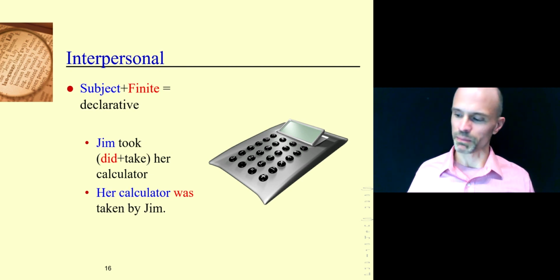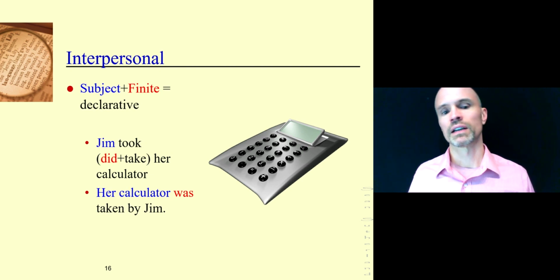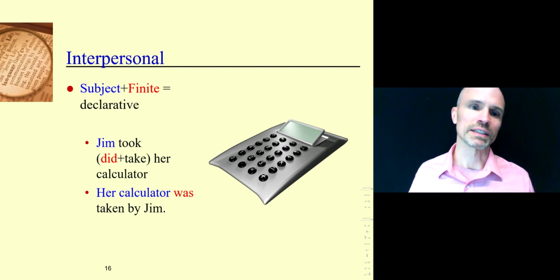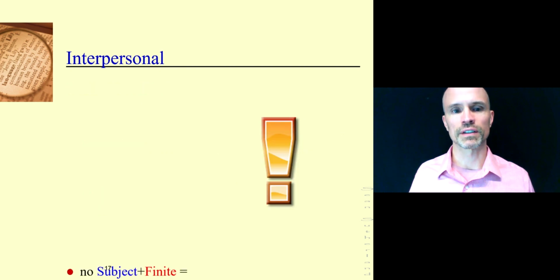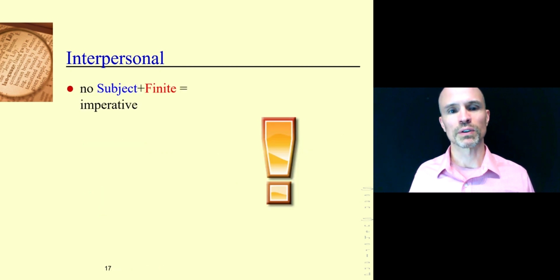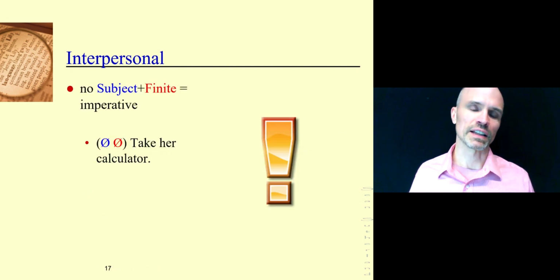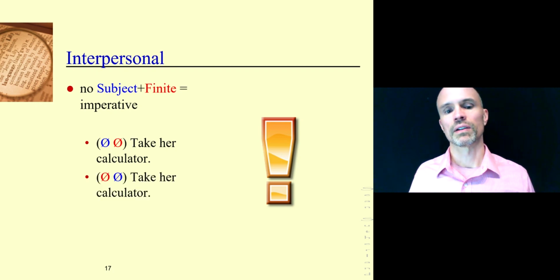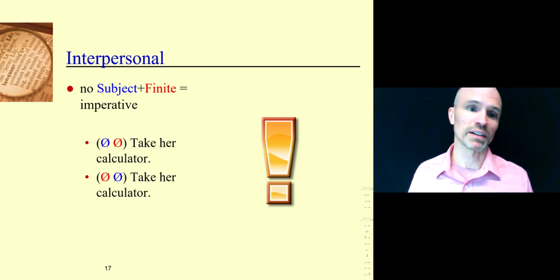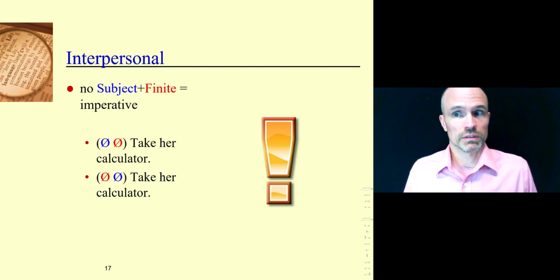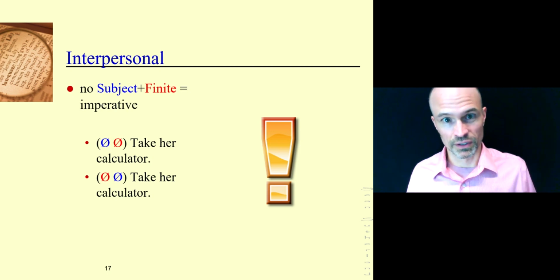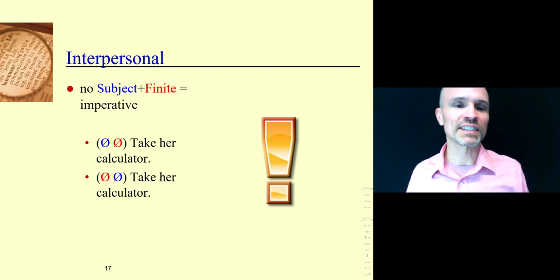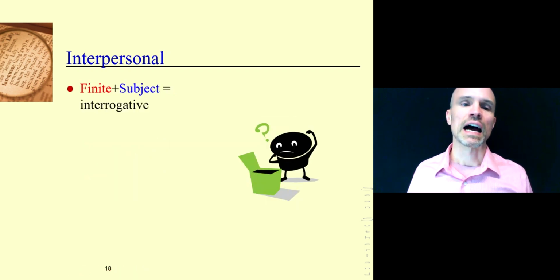"Jim took," which we know can be unpacked as "Jim did take," or "her calculator was taken," right? Those are both subject finite, so those are both declarative mood. No subject, no finite: "take her calculator," something like this. Can you put the subject and the finite in the other order? They're not there, so there is no discussion of which order they're in.